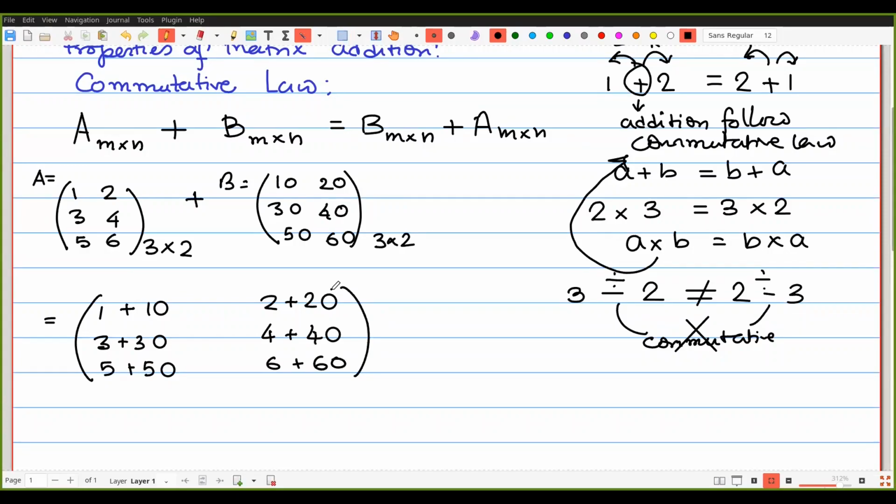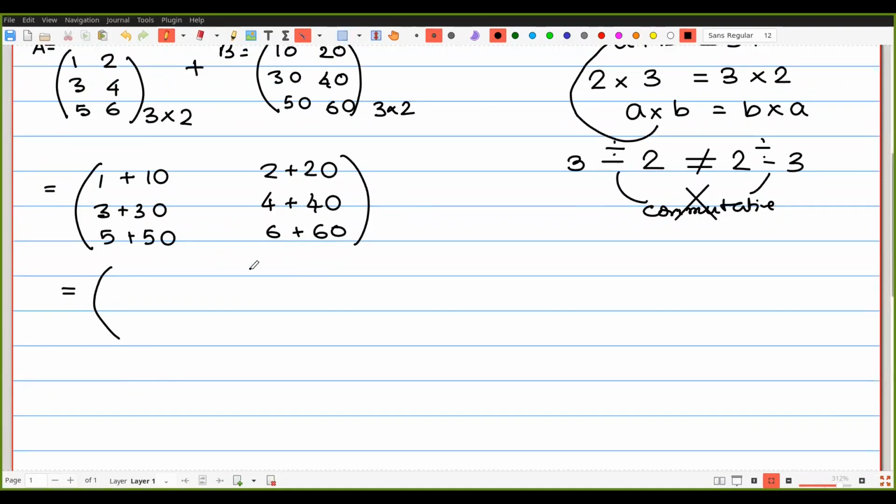Now we know normal addition follows the commutative law, so we may write 1 plus 10 as 10 plus 1, 20 plus 2, 30 plus 3, 40 plus 4, 50 plus 5, 60 plus 6.